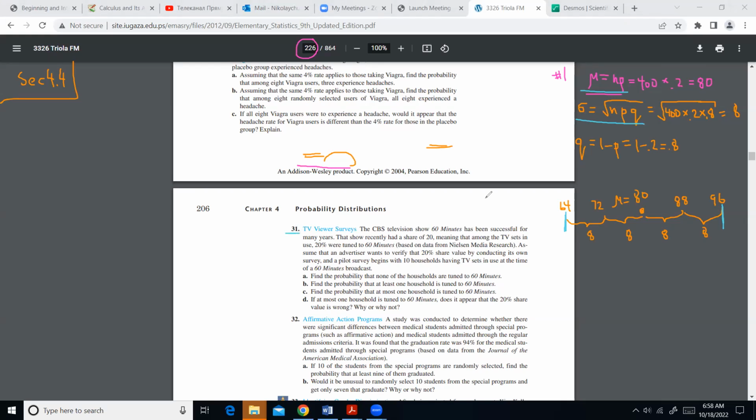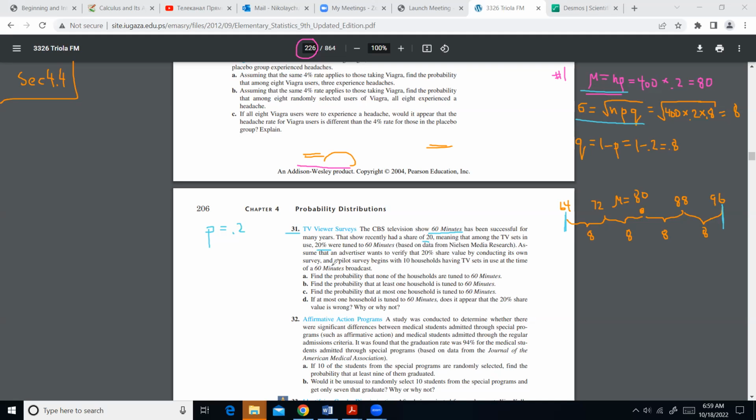There is a TV show called 60 Minutes, if you are familiar with it. It has a share of 20, meaning 20% of people who turn on the TV are watching this show. So the probability that someone is watching the show called 60 Minutes is 0.2.